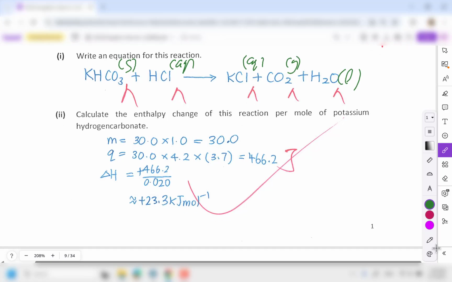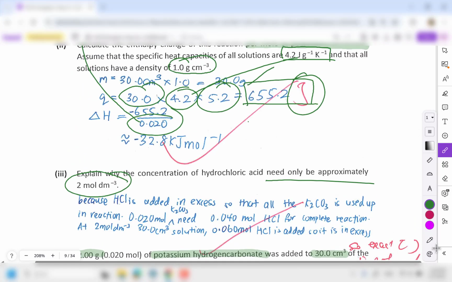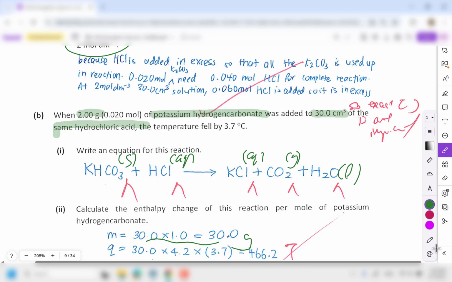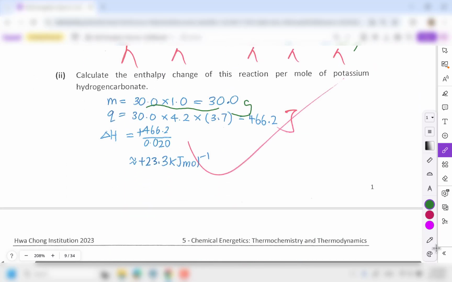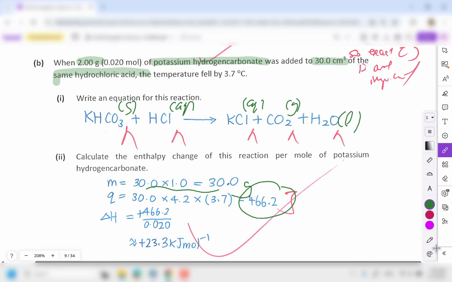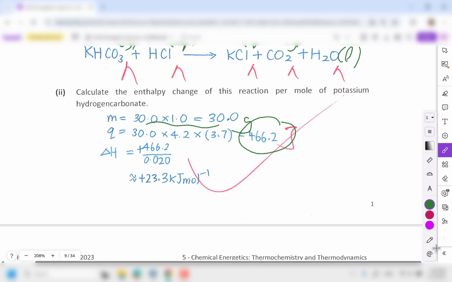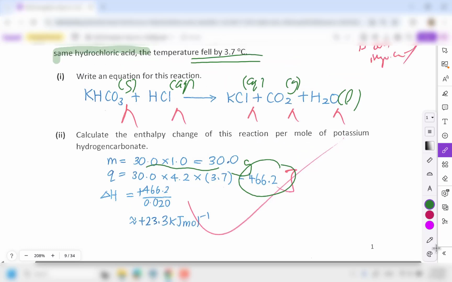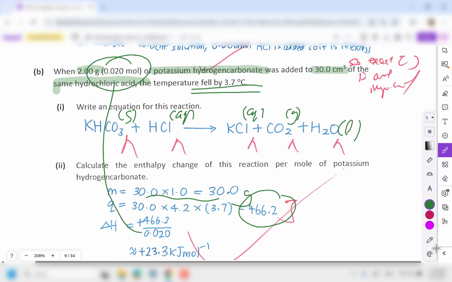Calculate the enthalpy change. The mass will be 30 grams. I think I forgot to put the units over it. Oh, it's written here, so 30 grams. The student is not very consistent. Then Q is mcΔT, and that gives 466.2 joules. The temperature fell, so it's an endothermic reaction. Again, for the limiting reagent over here, you put it inside.